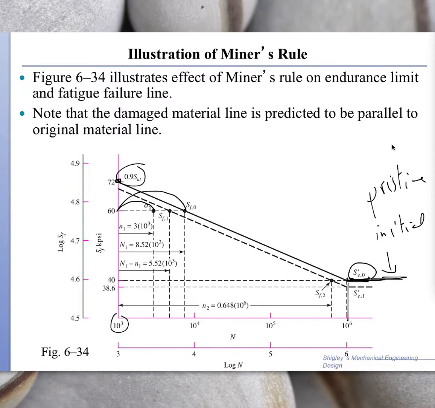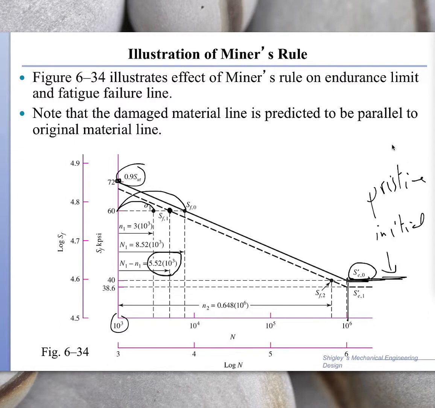So we have left 5.52 times 10 to the 3. So this is what's left in the material. If we were to run at that level of the stress, we can run only up to 5.52 times 10 to the 3, which is essentially this point in here.